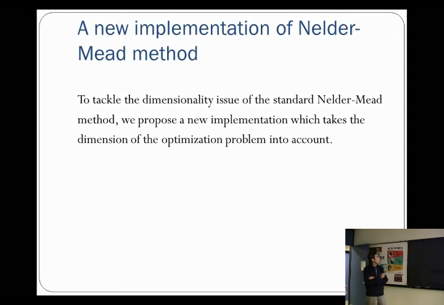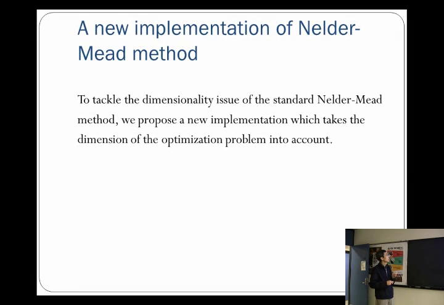Last, I would like to talk about a new implementation of the Nelder Mead method. We know now that dimensionality affects the performance of the standard Nelder Mead method a lot.